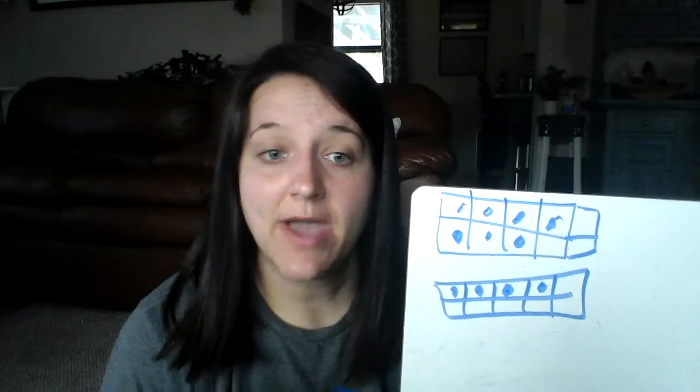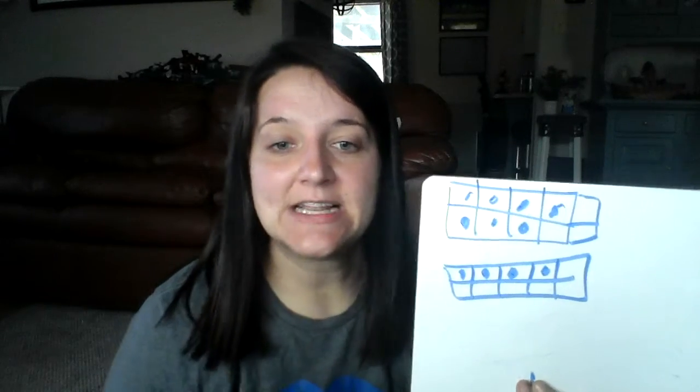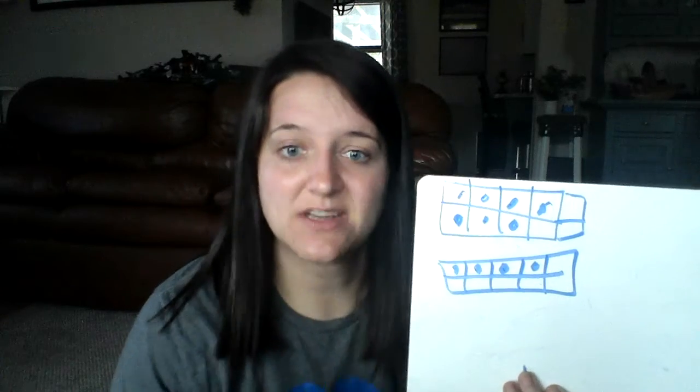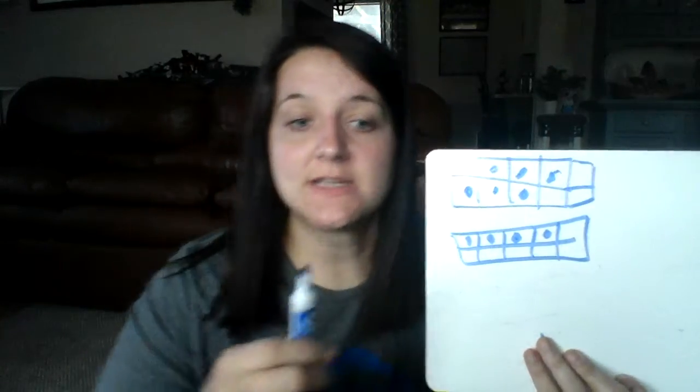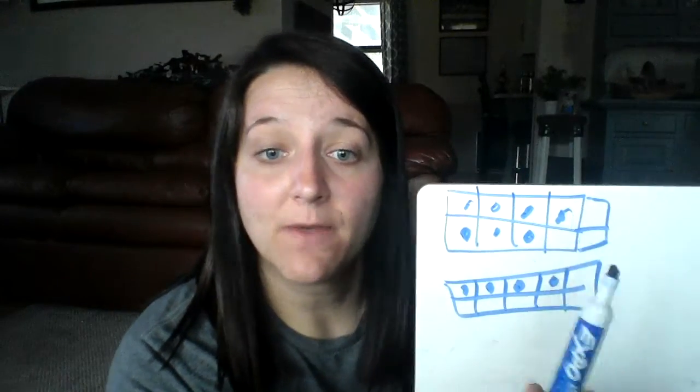Remember this? Okay, so in a tens frame, you don't have to count all those squares if it's filled up. So the first thing I need to do if I have 2 tens frames is to fill up the first one and then draw my leftovers on the bottom, remember?